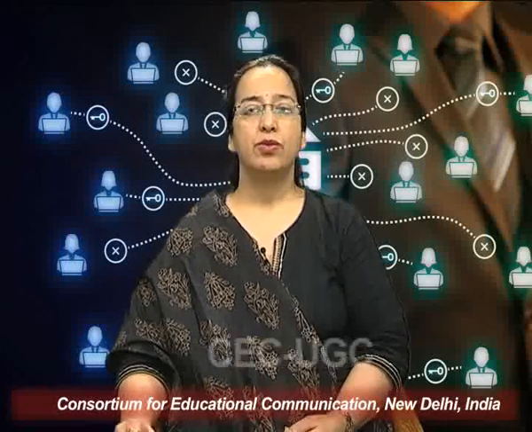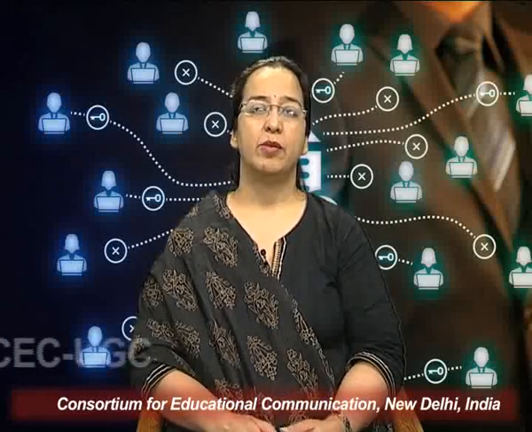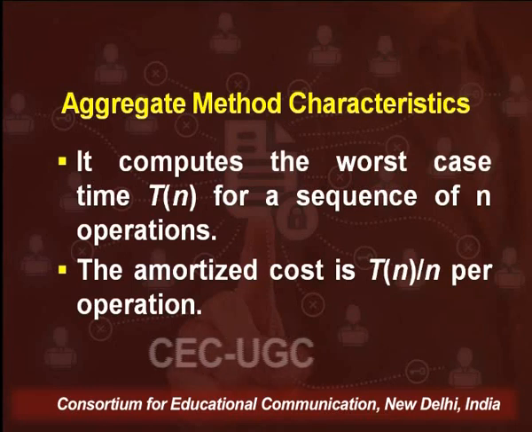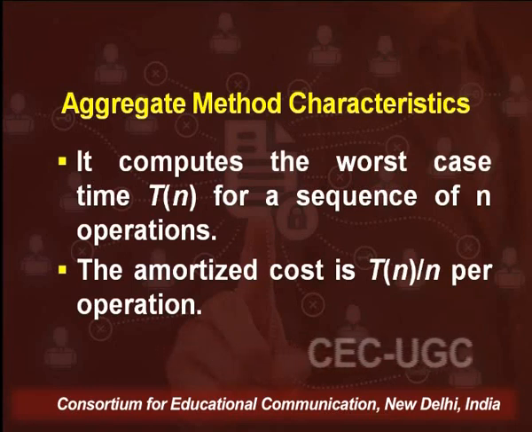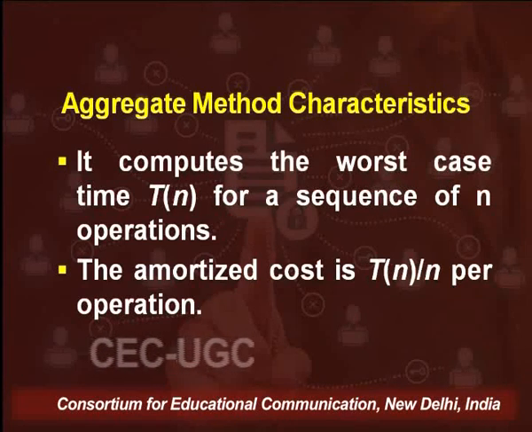Now, coming to the first method, the aggregate method, let us consider its characteristics. The aggregate method computes the worst case time, denoted by Tn, for a sequence of n operations.